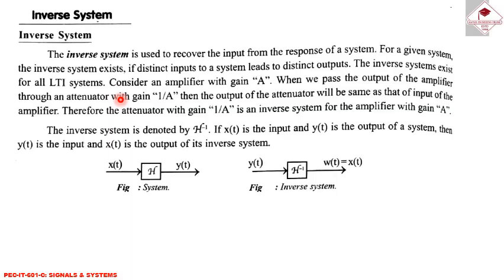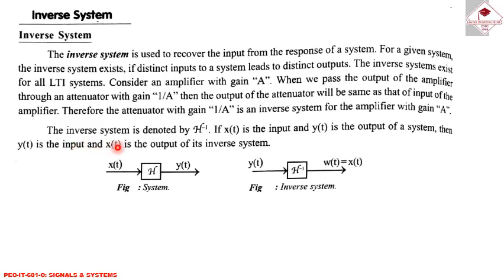Consider, for example, an amplifier with gain A. When we pass the output of the amplifier through an attenuator with gain 1/A, then the output of the attenuator will be the same as the input of the amplifier. Therefore, the attenuator with gain 1/A is an inverse system for the amplifier with gain A.